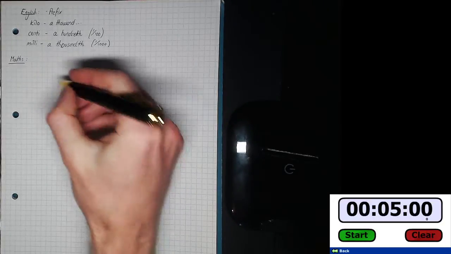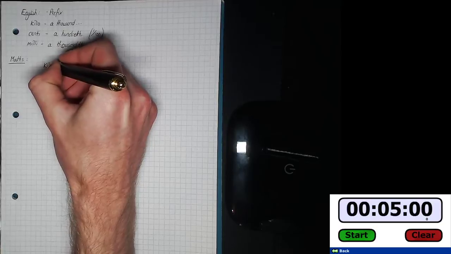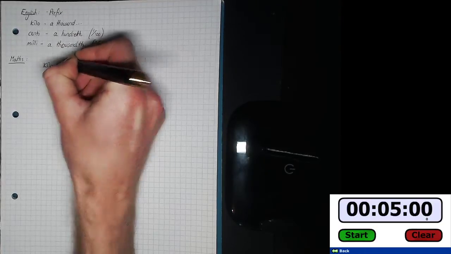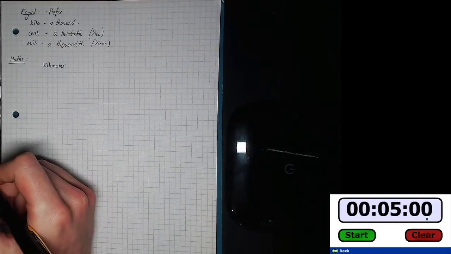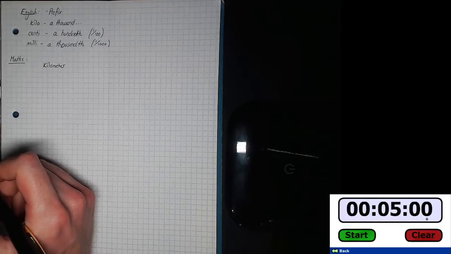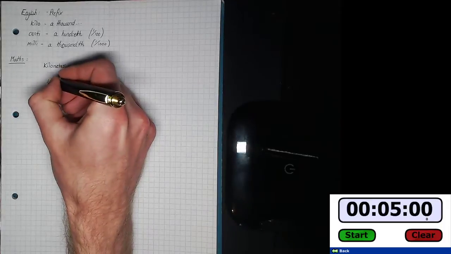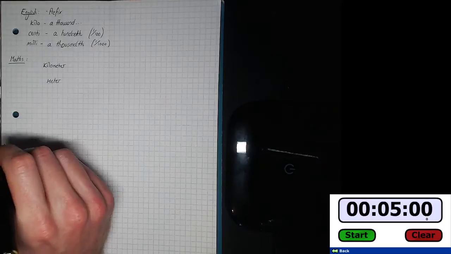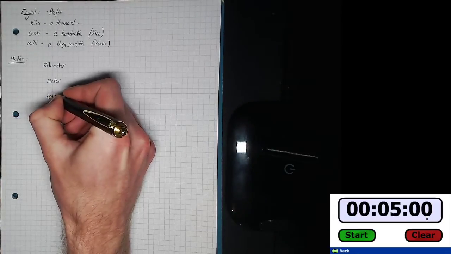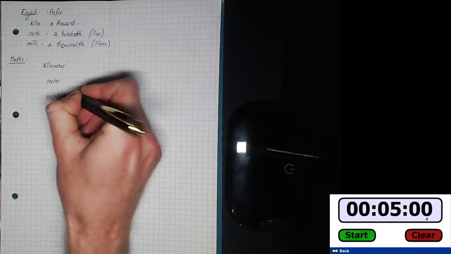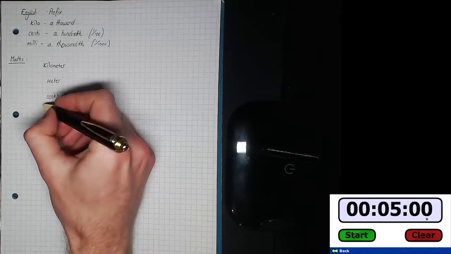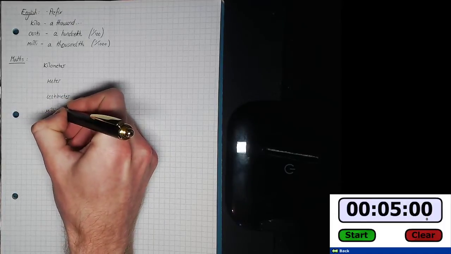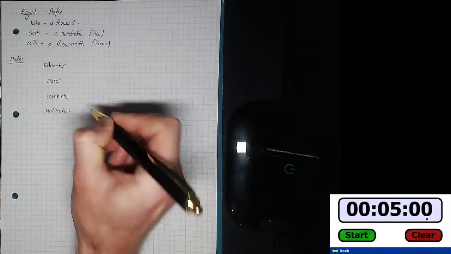We have a kilometer, which is what we think of as our larger units of distance, then a meter, then our centimetres, and millimetres.